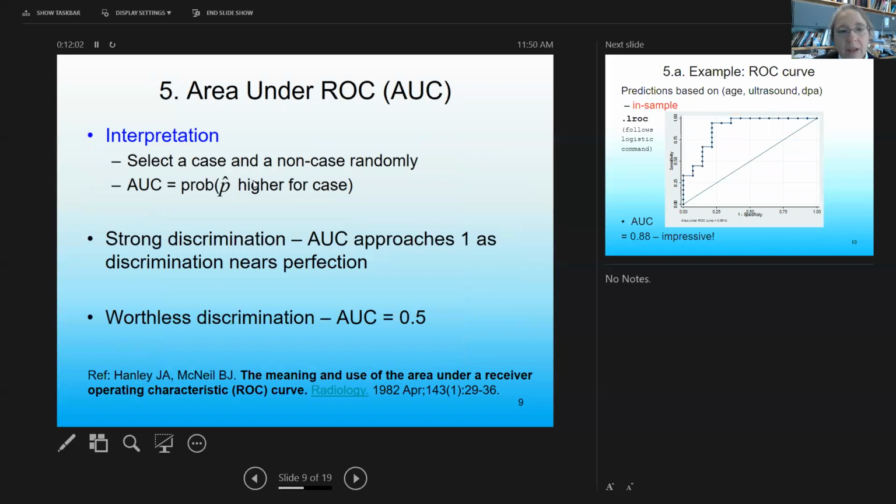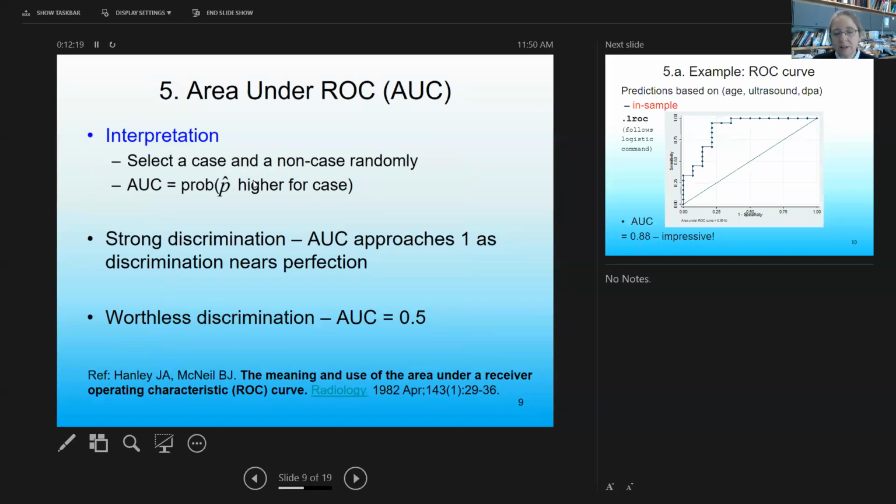We once again want to make that a little bit more quantitatively precise, and so people do that using the area under the ROC curve. And so this quantity has a very convenient interpretation.